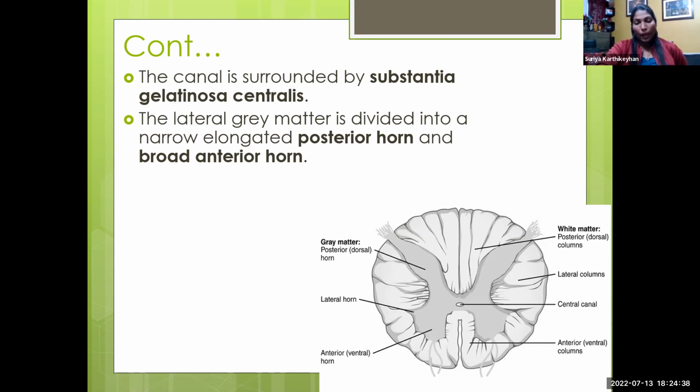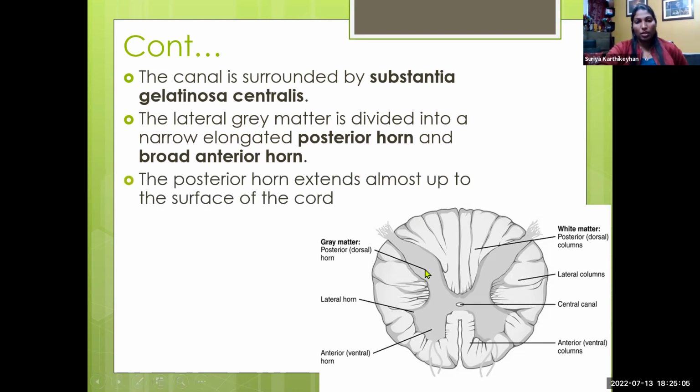In thoracic segments and upper lumbar segments, for example L1 and L2, we have a lateral projection also. We all know that in all the spinal segments we have the anterior horn and posterior horn, but there is another horn called the lateral horn. The lateral horn is seen only in the thoracic spinal segments and upper lumbar segments, that is at the L1 and L2 level.